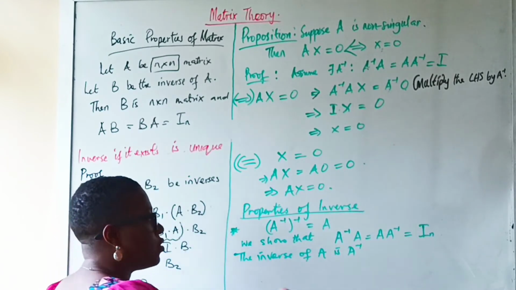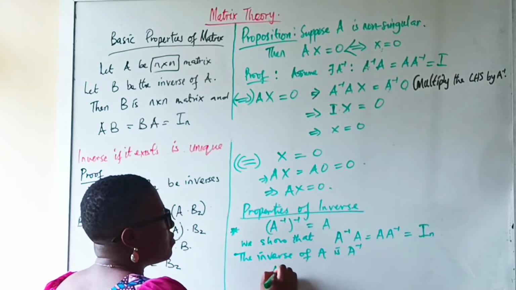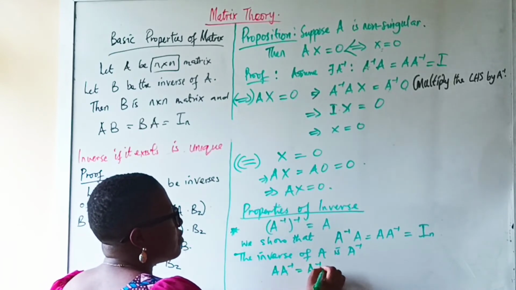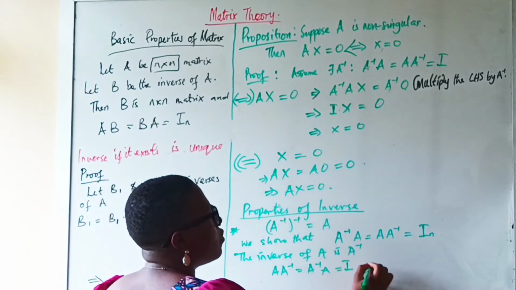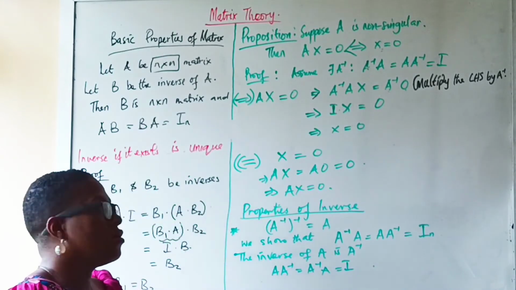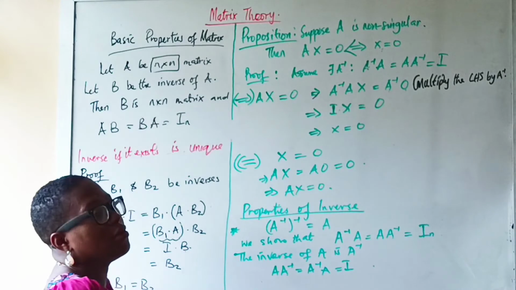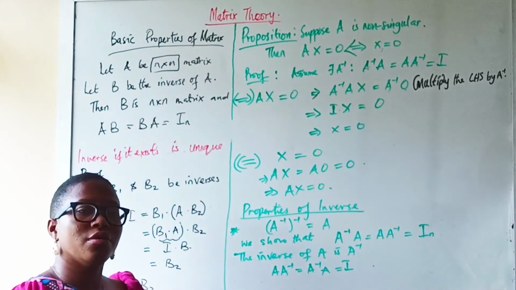What does this mean? It means that A times A inverse is equal to A inverse times A is equal to I. Are we not done? By definition of the inverse, we are done.